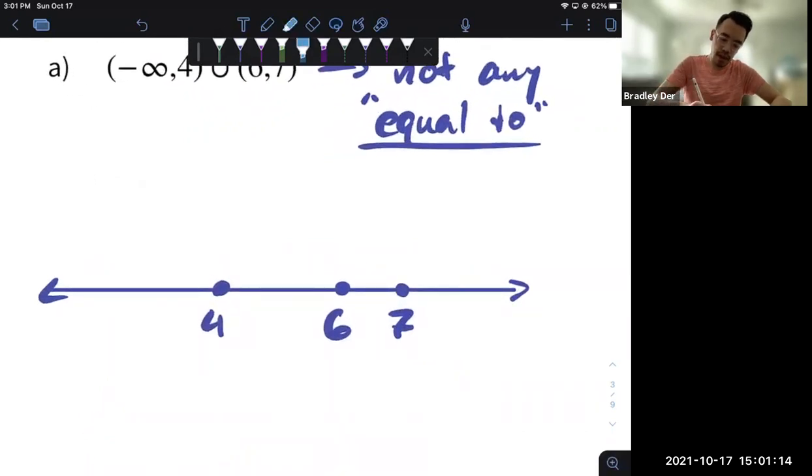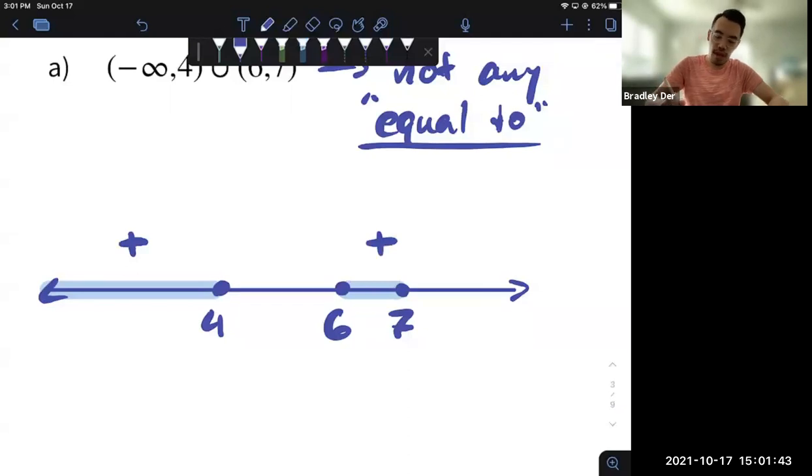Right, so the interval of negative infinity to 4, the interval from 6 to 7, need to have y values of the same sign, right? It wouldn't make any sense if I said that I want positive y values here and negative y values there, because really, what inequality would you be writing where that would be the case, right? Doesn't really work out that way. So let's say that we want positive y values here and there, right?